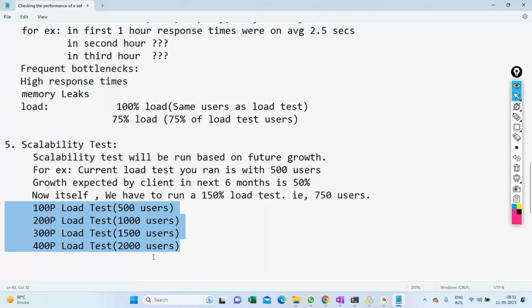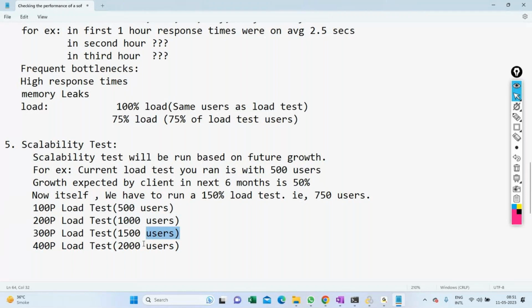Out of 15 to 20, only 7 or 8 were able to withstand 400%. The remaining 9 to 10 applications were failing either at 200 or at 300. They were crashing there itself.